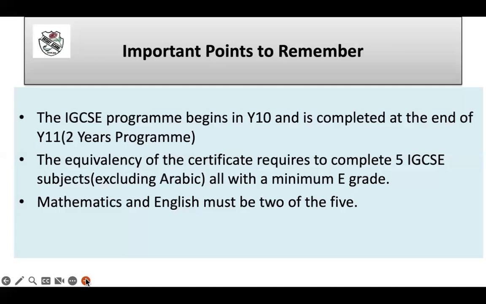As we know, some of our students, mostly Egyptian students, need more than 5 subjects. They can take 6, 7, or 8 subjects, which is available in the Rosary School. But for all students, it's compulsory to take a minimum of 5 subjects for IGCSE.